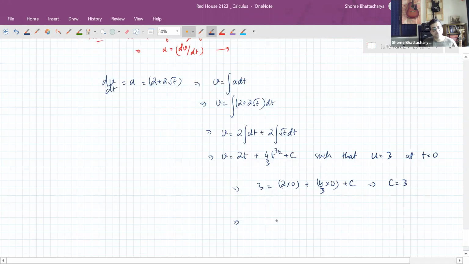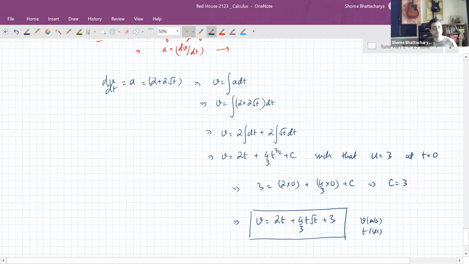So the instantaneous velocity at any point of time t is given by this, as a function of time, where v is in meters per second and t is in seconds.